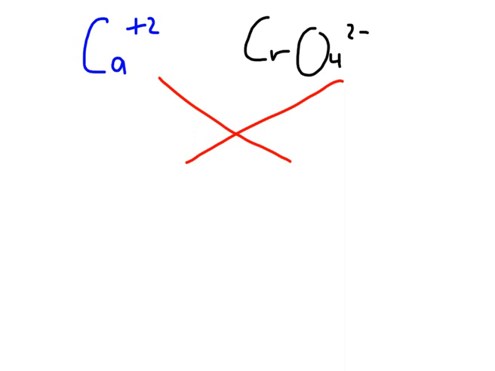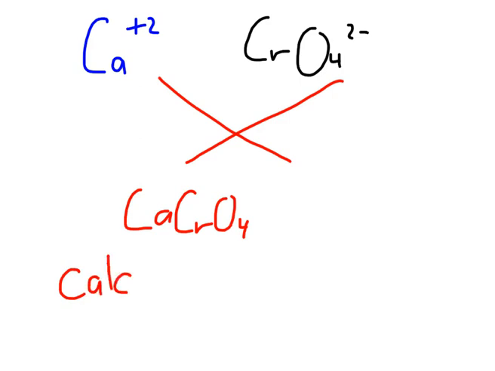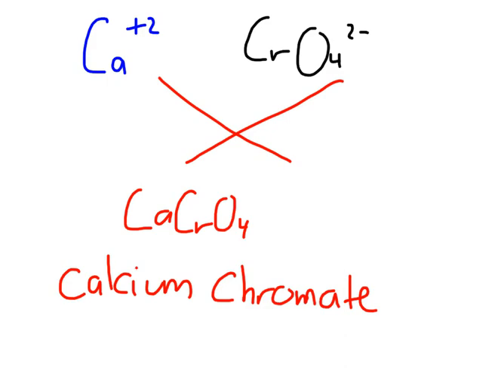So this will simplify down to a 1-to-1 ratio. So it's just CaCrO4. That will just have a simple name of calcium chromate. And there you have it.